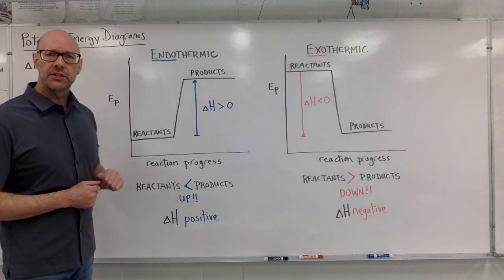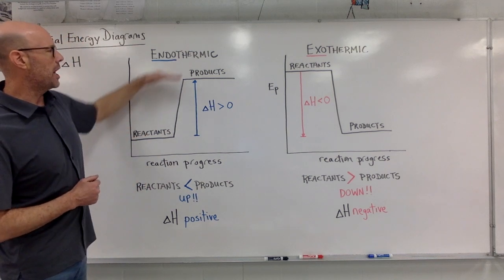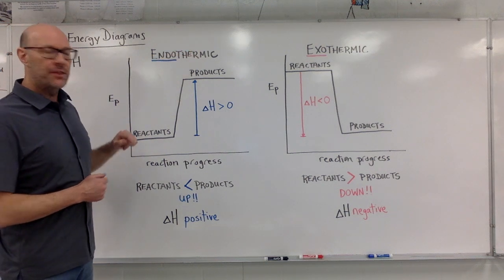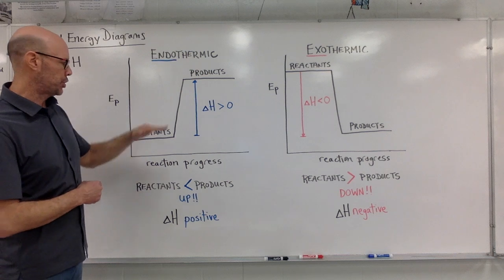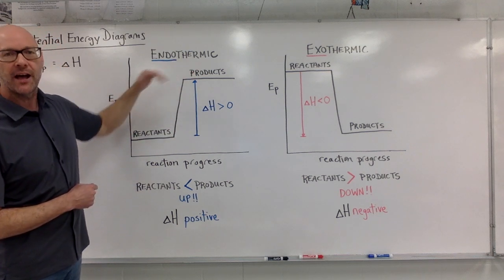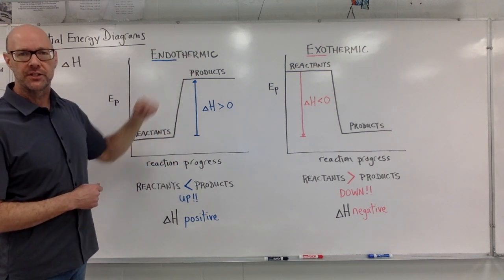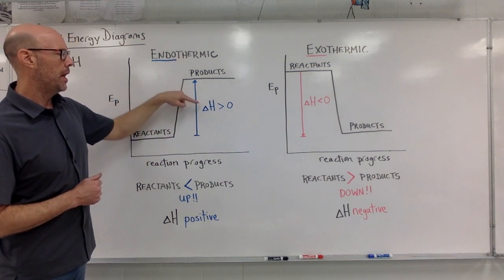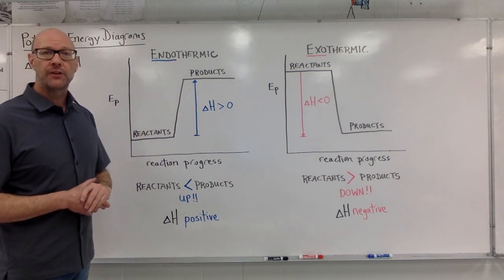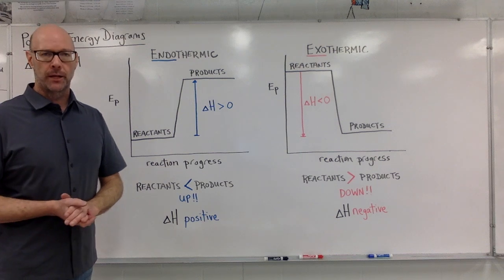The endothermic situation goes up, and the change in potential energy is the delta H. How much the diagram rises is going to be the delta H. Because it's going up, that's a positive delta H, it's endothermic.